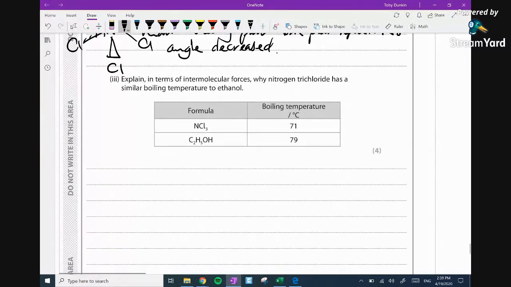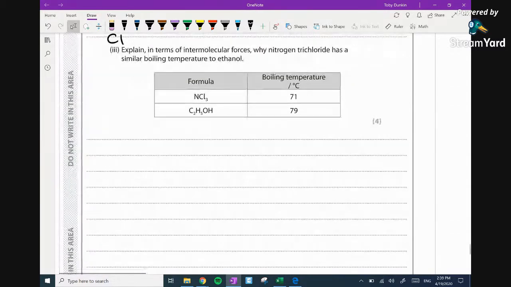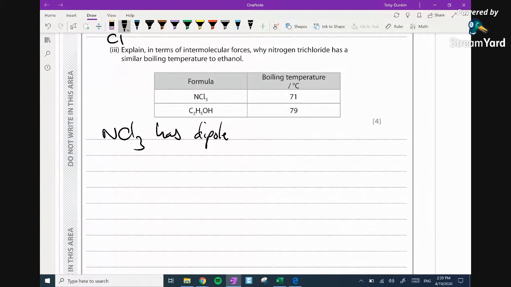Okay, explain in terms of intermolecular forces why nitrogen trichloride has a similar boiling point to ethanol. Oh, that's clever. So we're going to say NCl3 has dipole attractions between molecules.